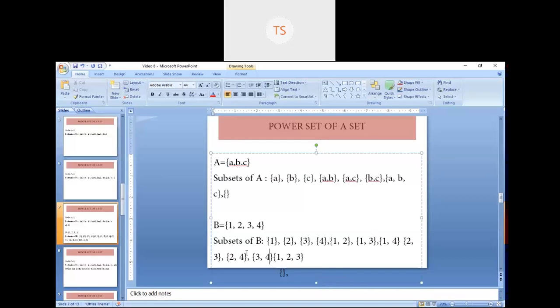Now you have to write the subsets with 3 elements. So 1, 2, 3. Next you will have 1, 2, 4. Then you come to the next one, 2, 3, 4. The set itself, that means you can write the whole set or you can write capital B, and the null set.